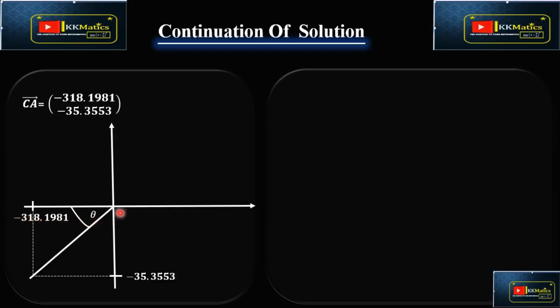So the 35.3553 that you see here, see it as a distance extending from the zero origin to this side. This is more like a rectangle, so this length here, which is 35.3553, is the same as the length here. The same applies to this side too, which is 318.1981, and this side is the same as that side.